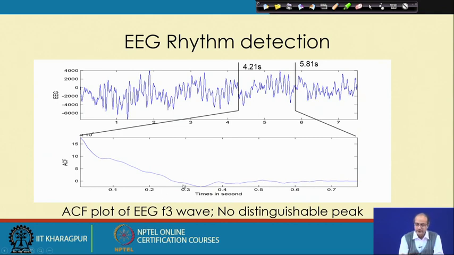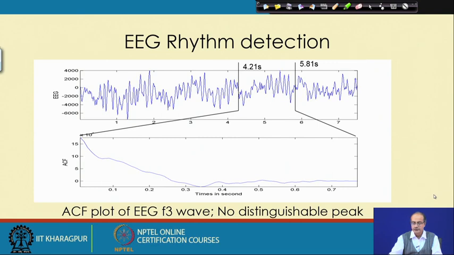You see only the valley. That means we can say that whatever signal was present between 4.21 second and 5.81 second is not getting repeated. Because no distinguishable peak is there, we can conclude that the signal is changing and we are unable to get the repetition of that particular rhythm present within this interval. So, that is the conclusion we draw.